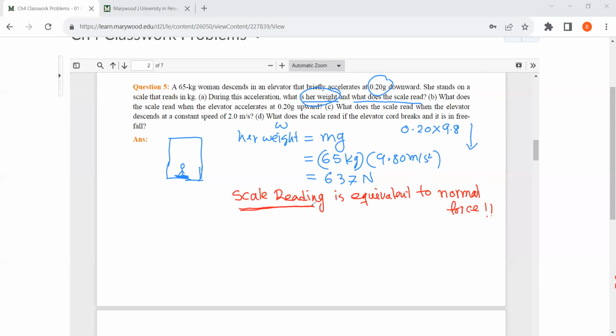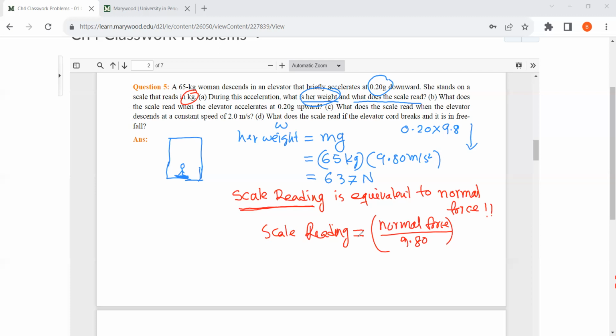So remember that. Here it is a little bit different because the scale reads in kilogram. So in this case it will be the normal force divided by the gravitational acceleration, 9.80. Normally the scale reading is just equal to the normal force.